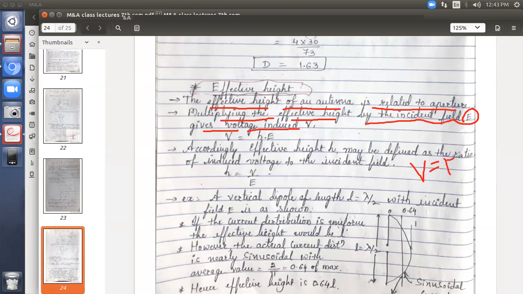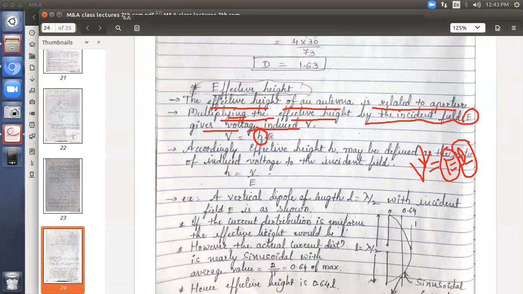V equals E into L, right? So if you multiply the height, here in your equation it is length, by the incident field, it will give you the voltage induced. So V equals E into H, instead of L, height has been considered.